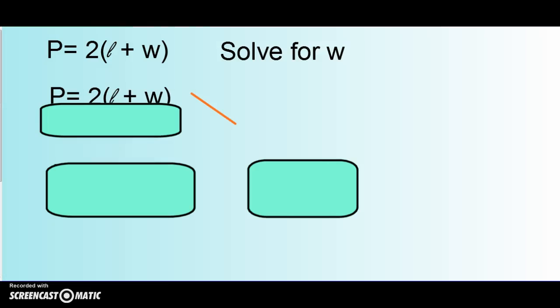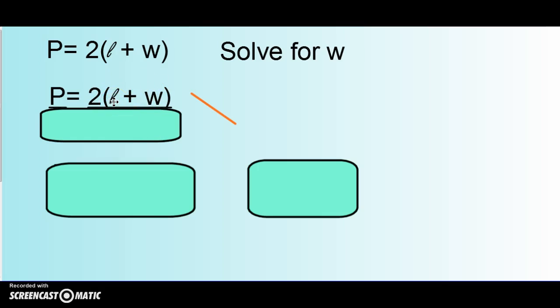All right, this one has a few more steps. It's our equation for perimeter. Perimeter equals 2 times whatever the length plus the width is. And then they would ask you to solve for the width. So you want to get W alone. So your first step would say, oh, I see that they're multiplying 2 times inside the parentheses.